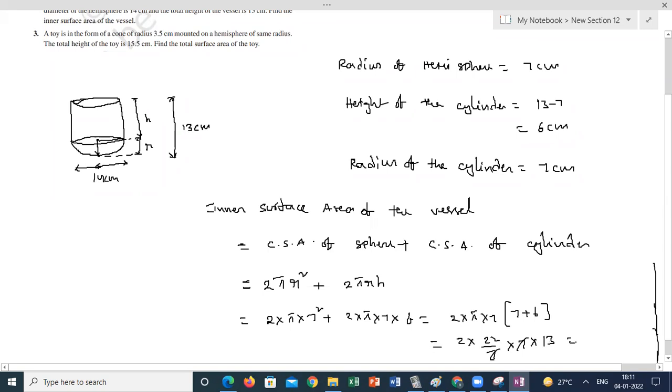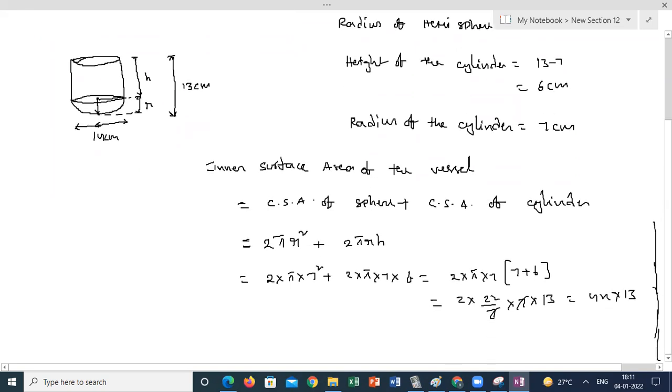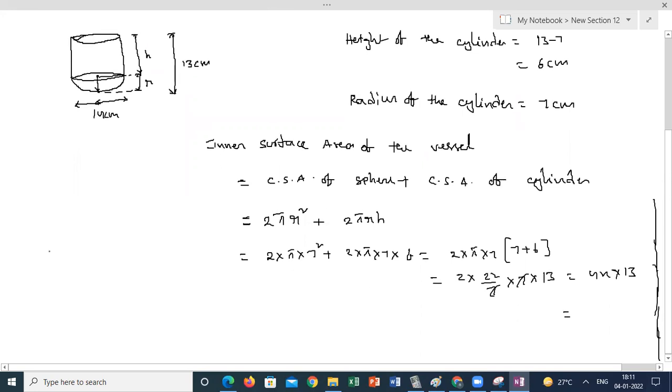The 7 cancels. The final answer is 44 into 13 centimeter square. It will be easy to calculate 13 into 44: 572 centimeter square is the inner surface area of this vessel.